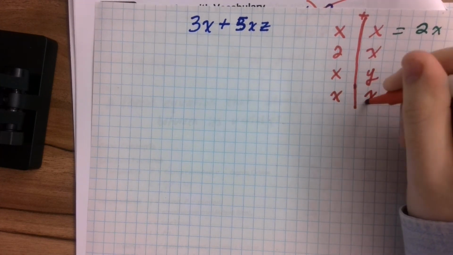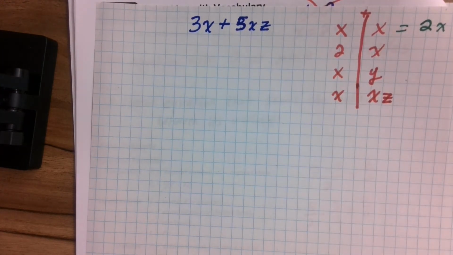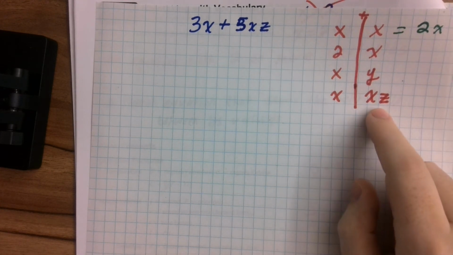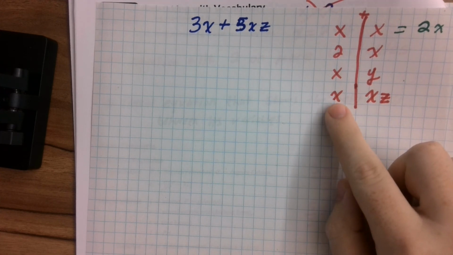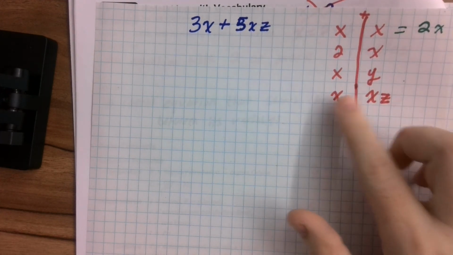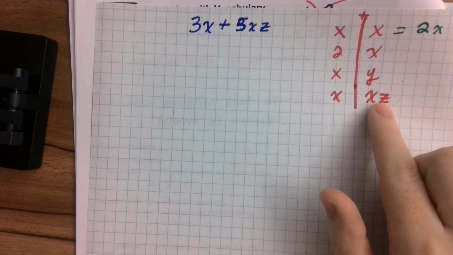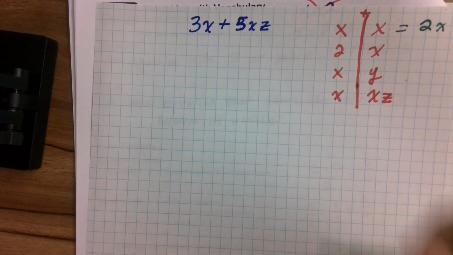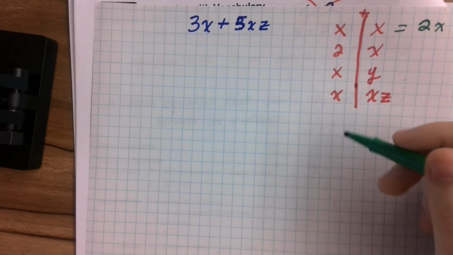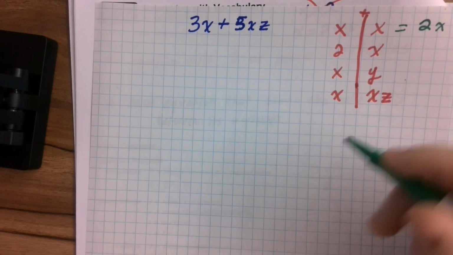When we have x and xz, this is the trickiest part to remember. This is considered different than this. It's because if we're trying to add these together, right, x plus xz, let's pretend instead that x is actually 2.